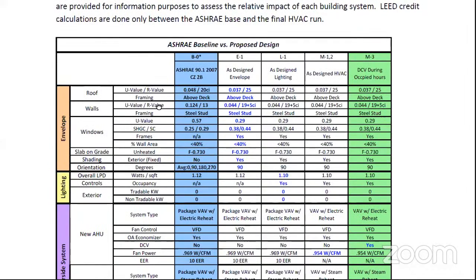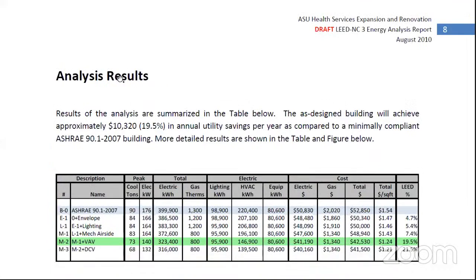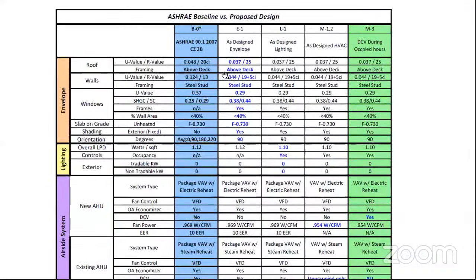Similarly, for wall also, U value is reduced from 0.124 to 0.044. Window U value was 0.57 and in the proposed case it's reduced. You can see all the blue color text shows that the values of envelope are changed. SHGC, instead of 0.25 and 0.29, is taken as 0.38 and 0.44.